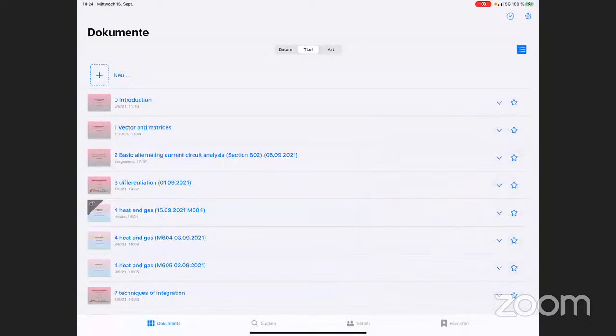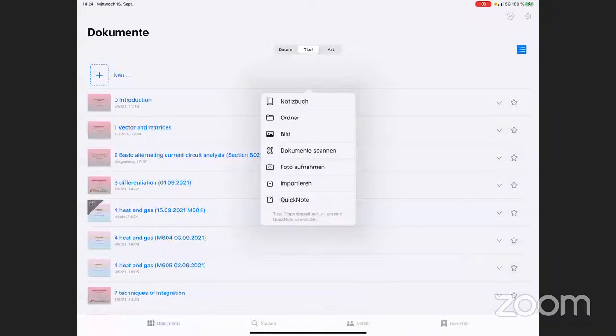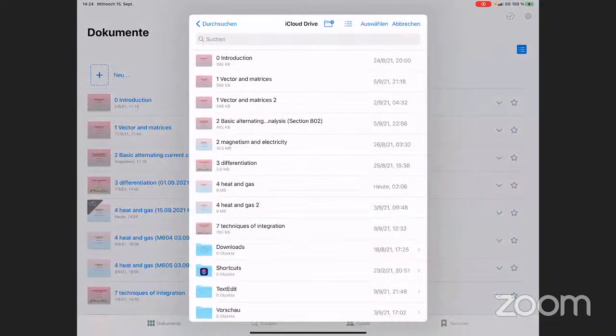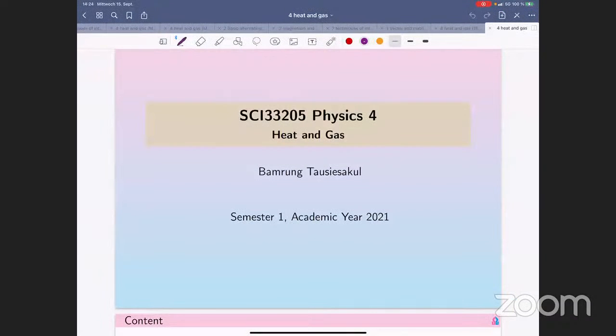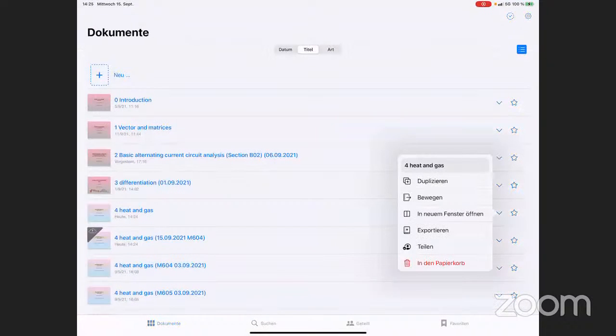Copy and add it. Import a new file from these. Okay, let's say it's M605.